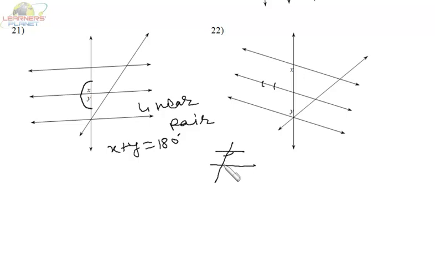So x and y are like this. So x and y, this is y, this is x. So x plus y should be 180 degrees since they are interior angles. Okay, and the sum of interior angles of a set of parallel lines is 180 degrees. Okay, so x plus y will be 180.